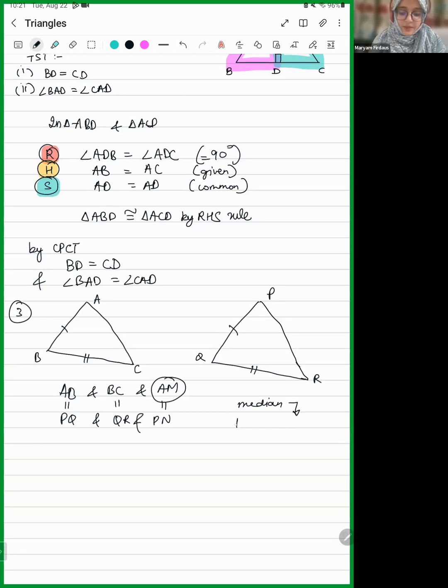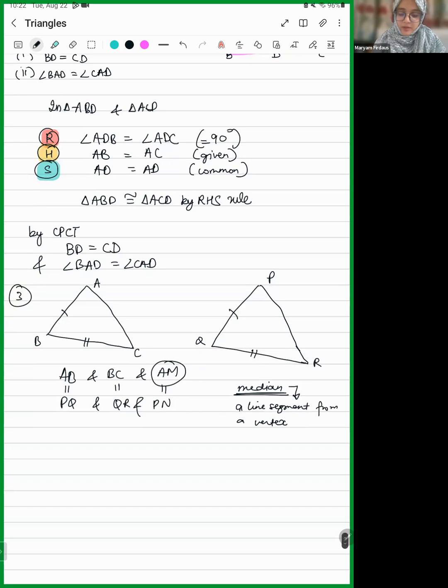Median is a line segment from a vertex of a triangle to the opposite side which bisects the side.